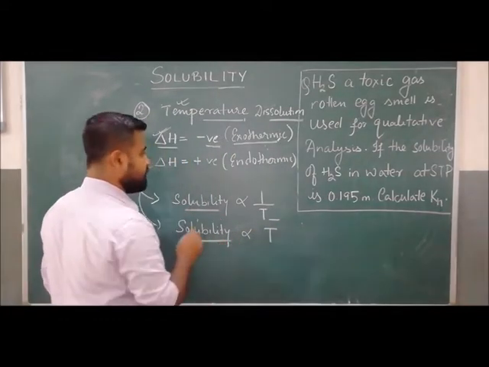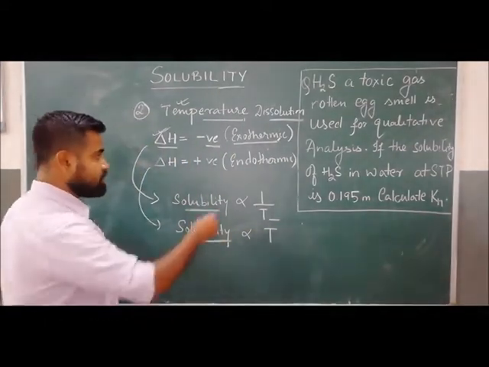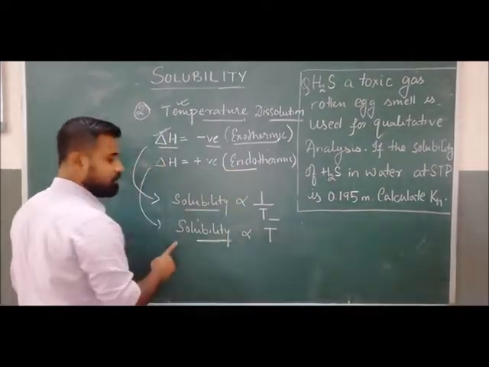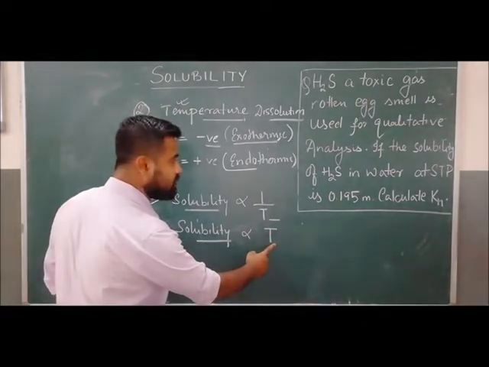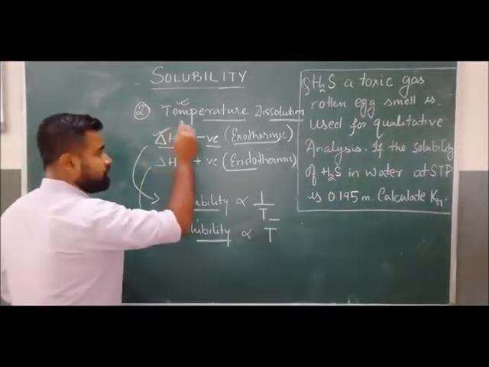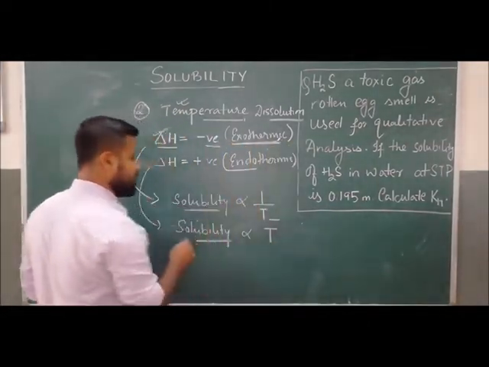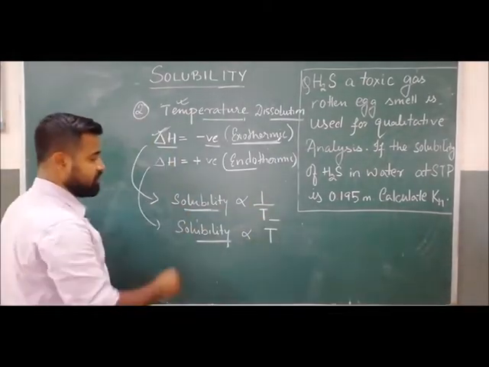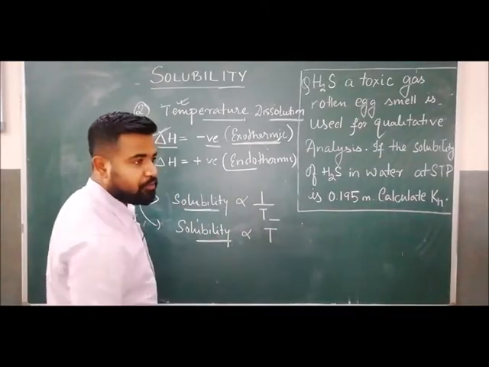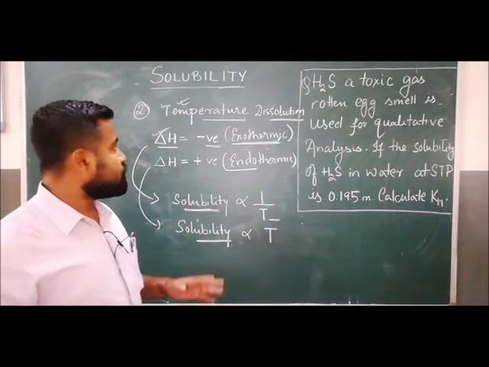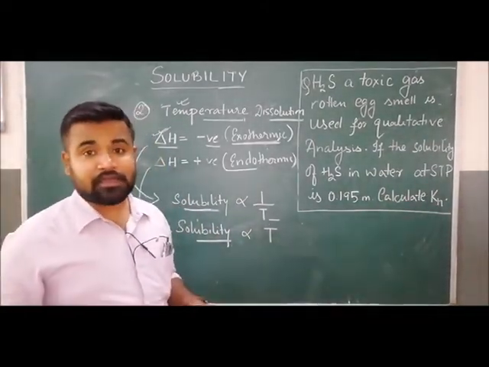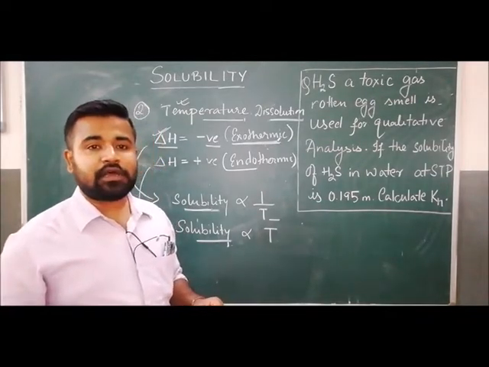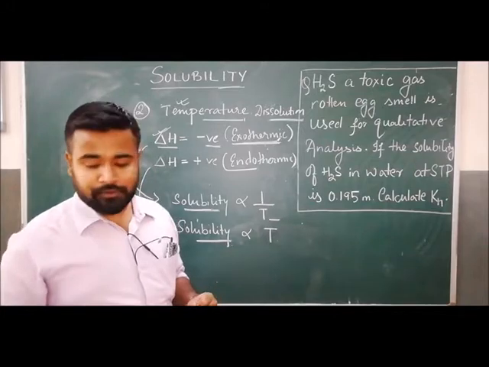So in case of an endothermic dissolution process, the solubility is directly proportional to temperature. But when the dissolution process is exothermic, the solubility is inversely proportional to the temperature. These are the first two important factors related to the solubility of the solute.